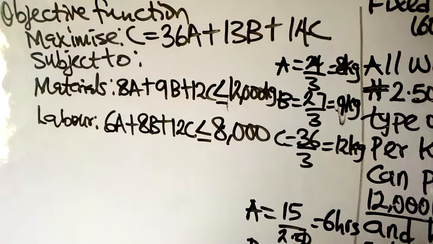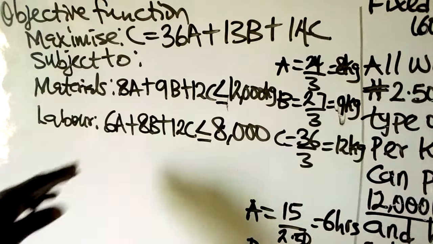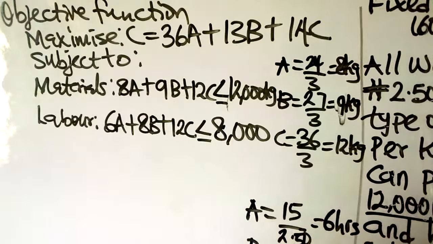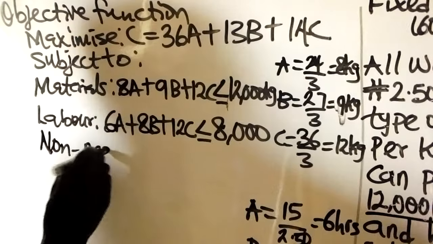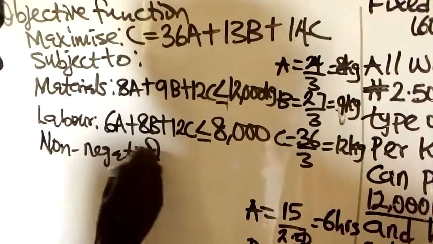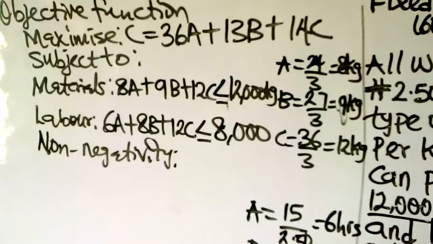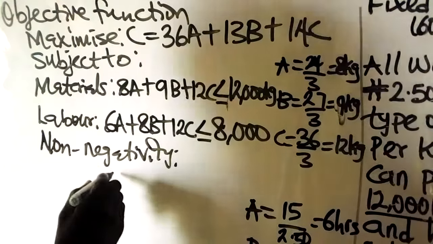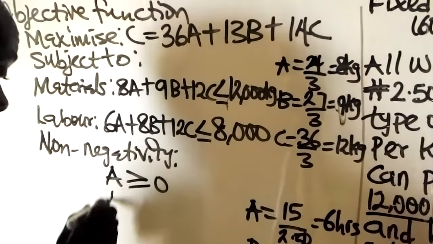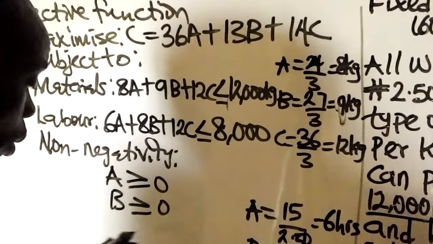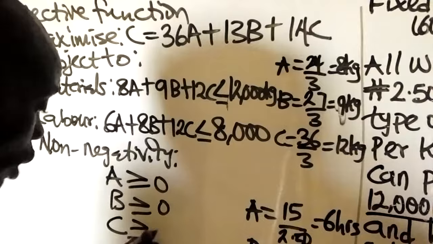Then the next thing is non-negativity. I've told you that you cannot manufacture a negative unit of a product. So you must have A greater than or equal to 0, B greater than or equal to 0, and C greater than or equal to 0.